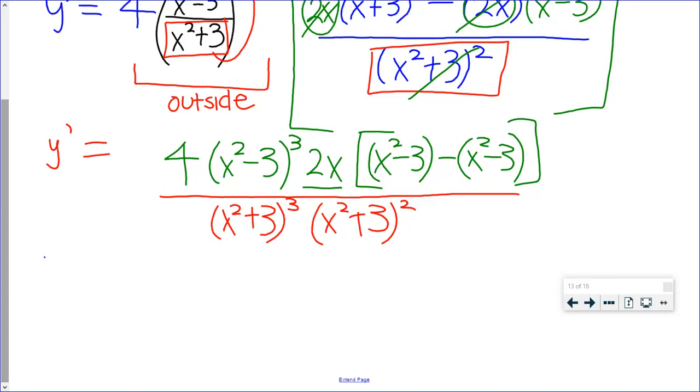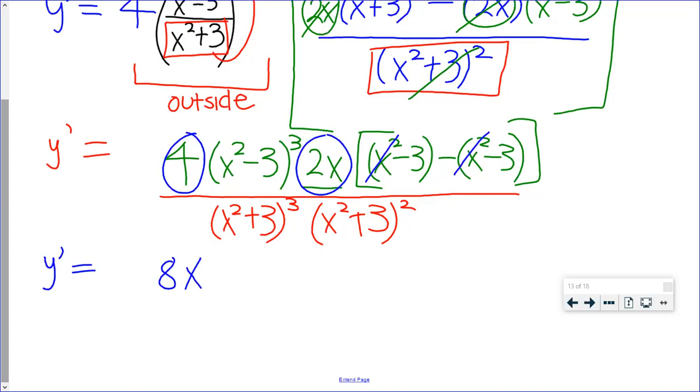Okay, so y prime is equal to, I'm going to simplify by looking at things that are in common. So 4 times 2x is 8x. What else am I missing? I know that this x squared can eliminate with this, but I made a mistake before. X squared minus 3 minus x squared minus 3 is not actually 0.